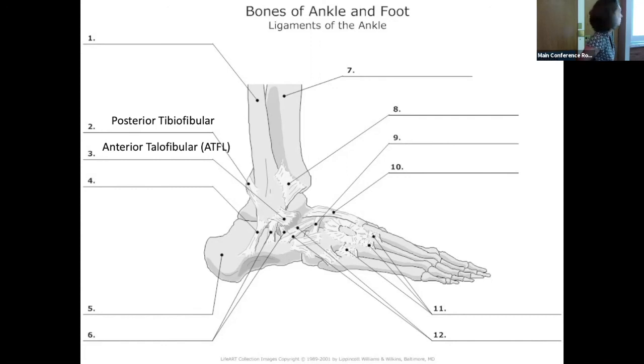So it's a classic board question you guys will have to answer. And number four is your calcaneofibular ligament. These are really important when it comes to high-grade ankle sprains, syndesmotic injuries, the really severe ankle sprains. The calcaneofibular is also one. And then finally, your anterior tibiofibular ligament as well.